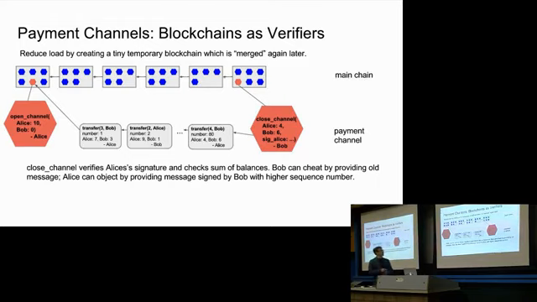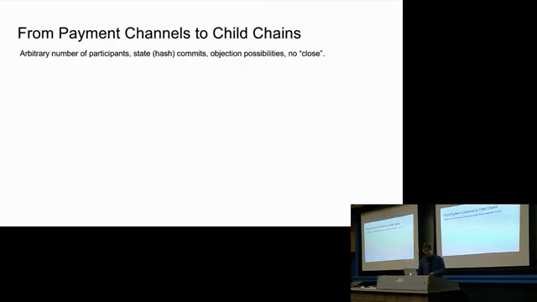Okay, we saw that some of the transactions here in the main chain were removed. They were moved here. But the blocks are still quite full here, and the reason for that is we can use payment channels only between two people. And if we want to allow an arbitrary number of participants, we have to go to something called side chains or child chains or whatever you want to call it.